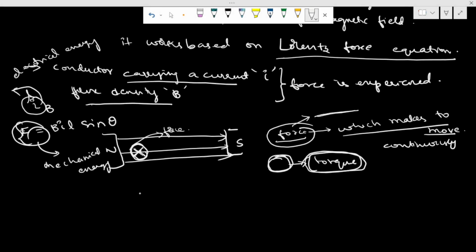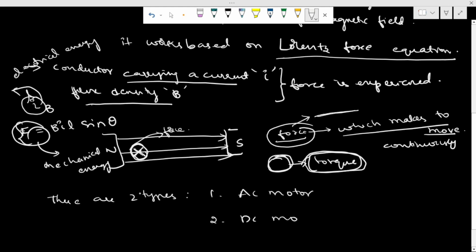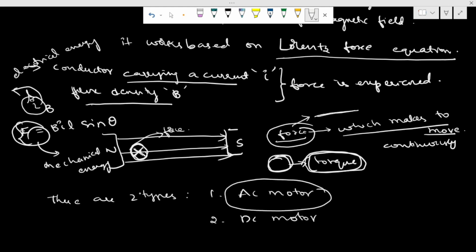There are two types of electric motors. First one is the AC motor, and second one is the DC motor. An AC motor takes AC current to produce mechanical energy.